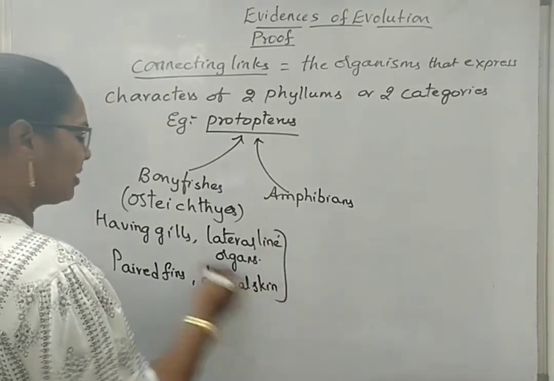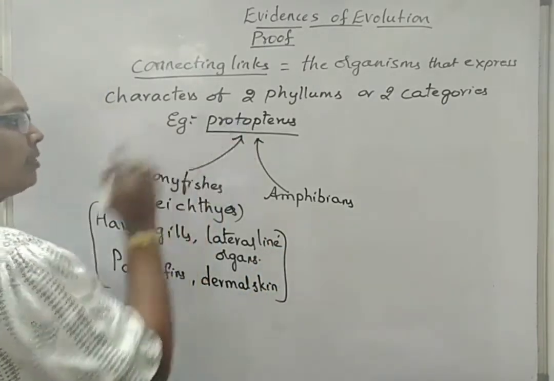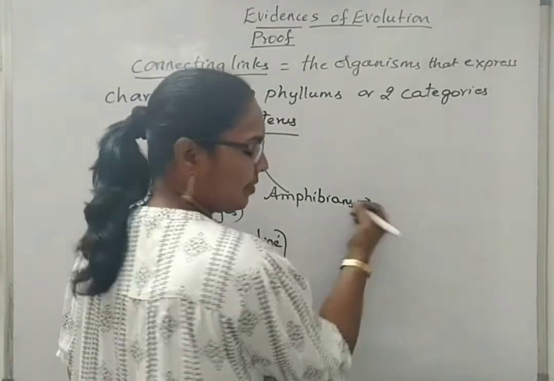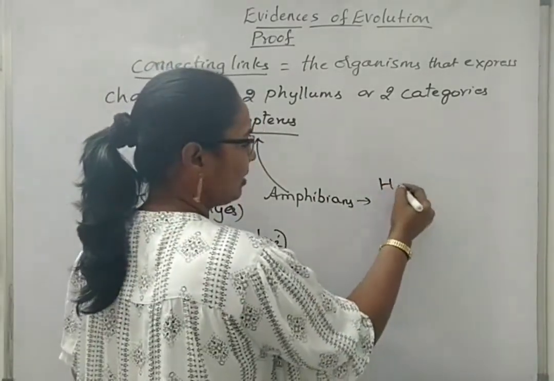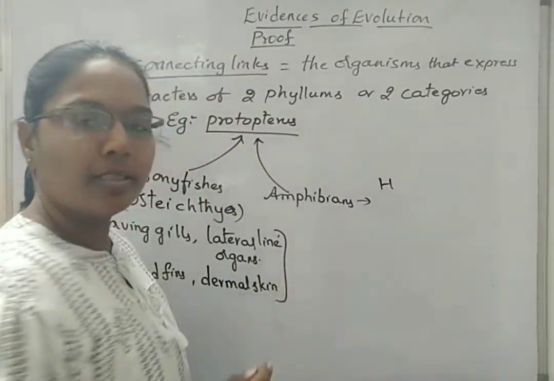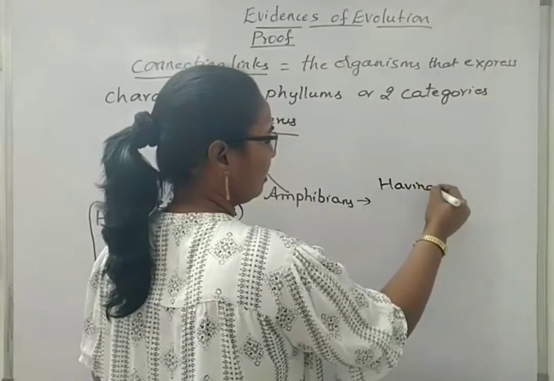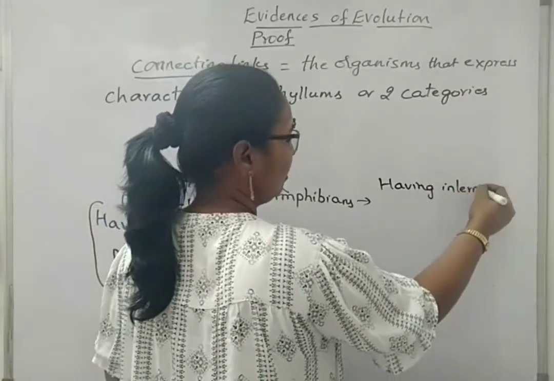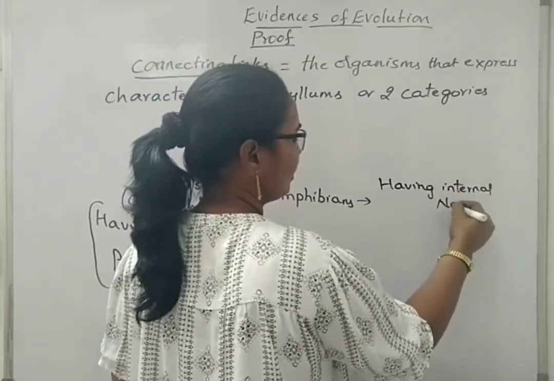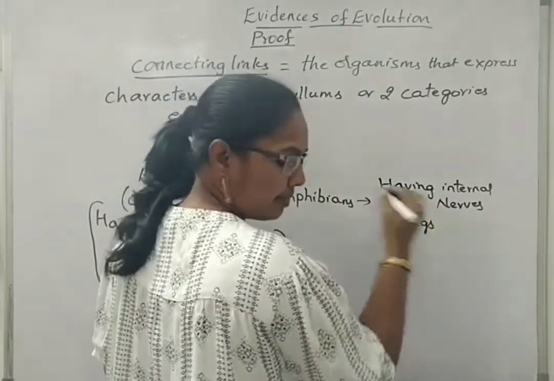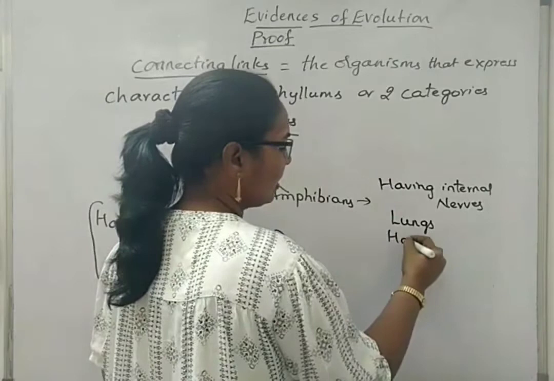So these are the characters of bony fishes adapted in Protopterus. What are the characters of amphibians? Having internal nerves, lungs, and also a three-chambered heart.